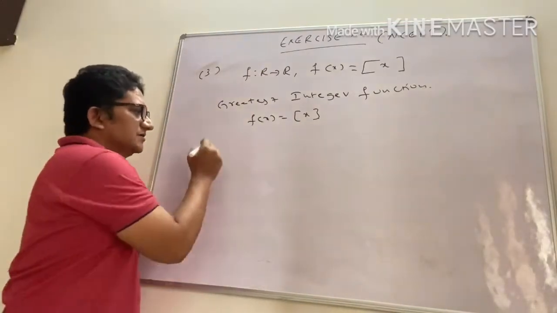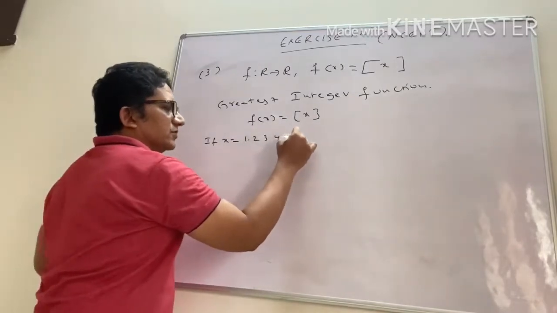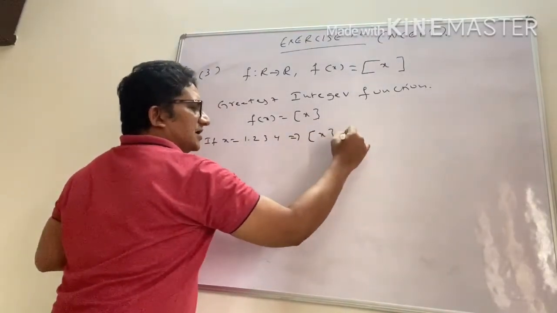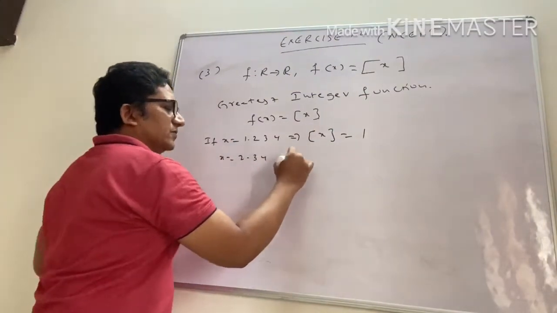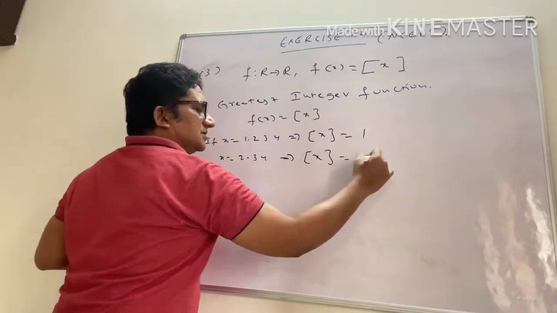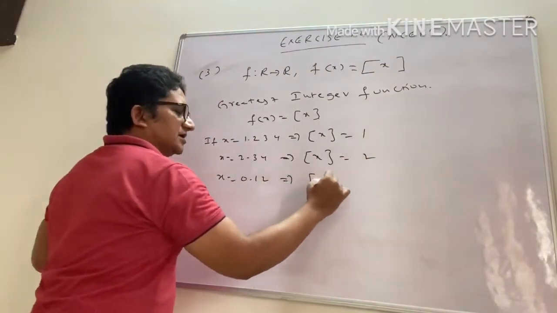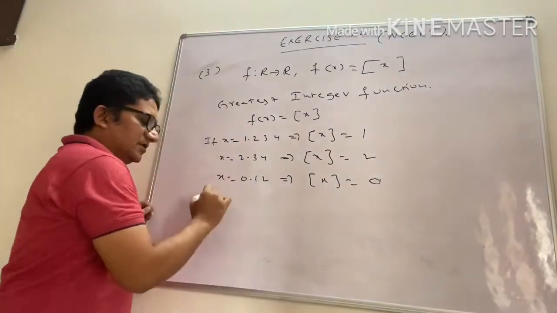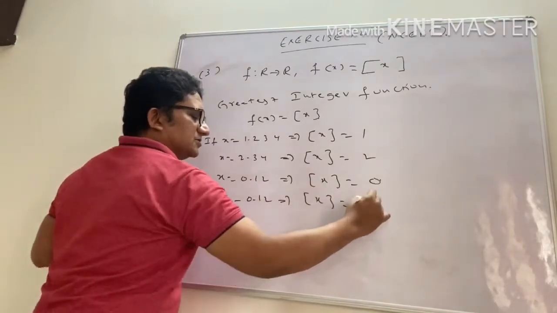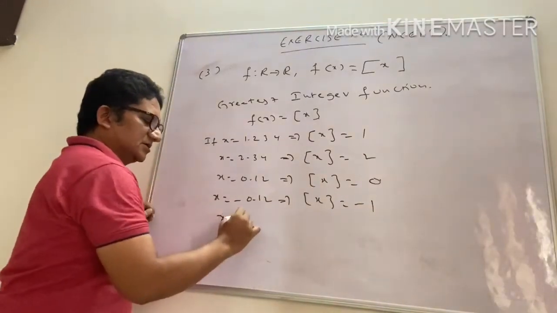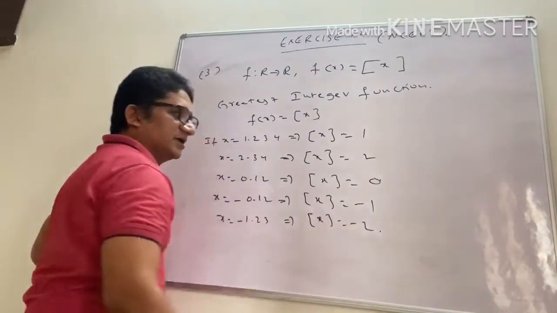For example, if I give x equals 1.234, then the greatest integer function always gives the output 1. If I give x equals 2.34, then it gives 2. If I give 0.12, then the result is 0. If I give some negative value like minus 0.5, then the greatest integer function equals minus 1. If I give x equals minus 1.23, then it equals minus 2.